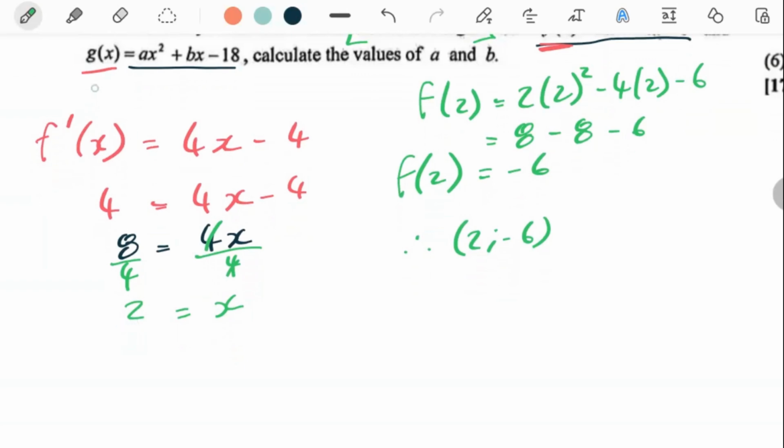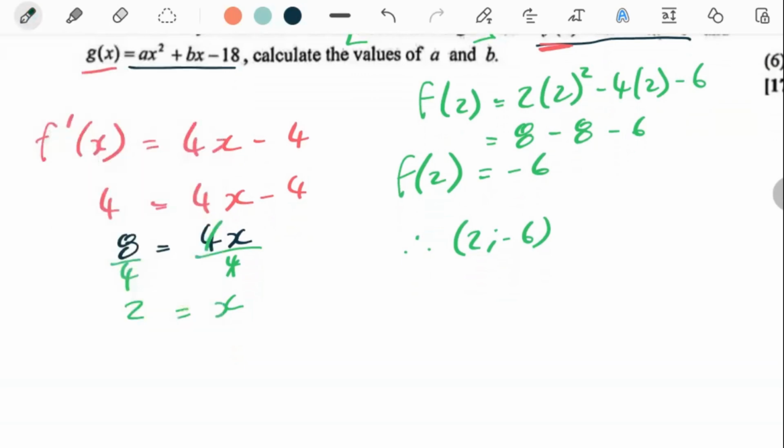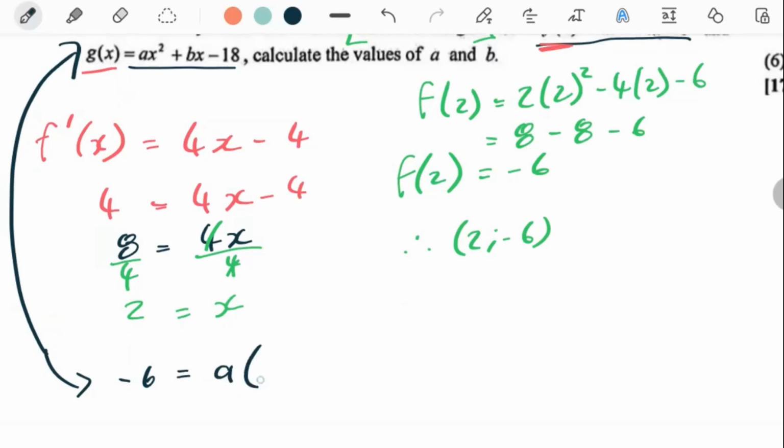Let's put where y is, let's put minus 6 in the equation of G. Working with the equation of G, where y is, we're going to put a minus 6 there, equal to a, our x value is a 2, squared, plus b, x value is a 2, minus 18.